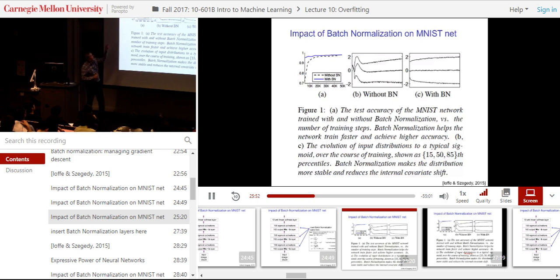So you can see this had a dramatic effect. Furthermore, these 2 plots, let's read the caption. Batch normalization helps the network train faster and achieve higher accuracy.